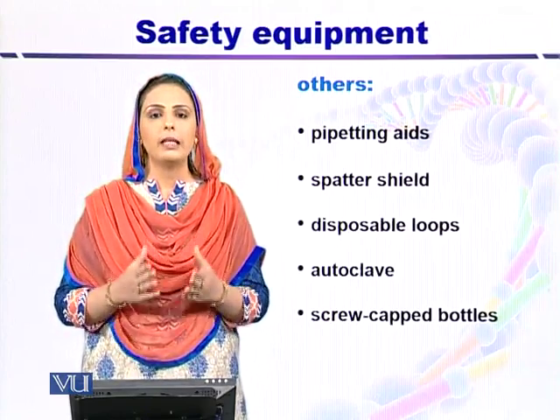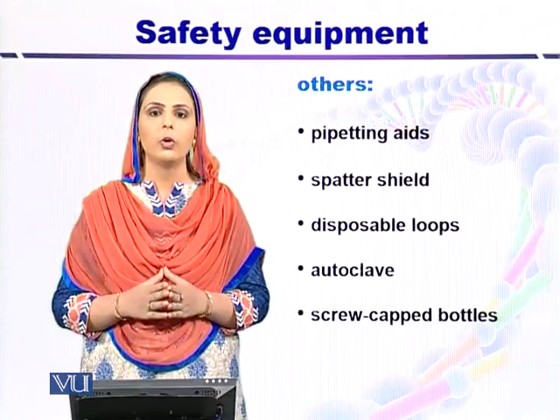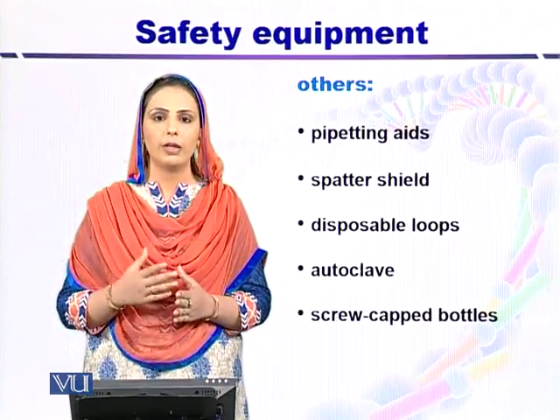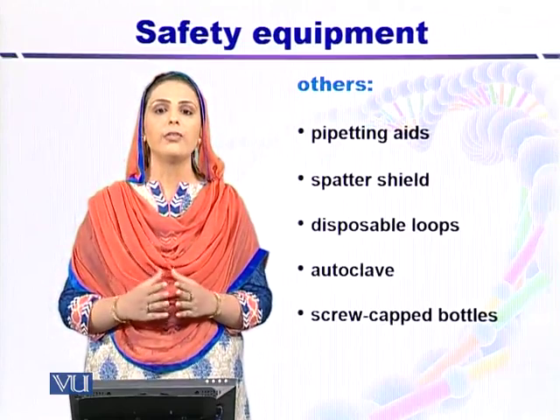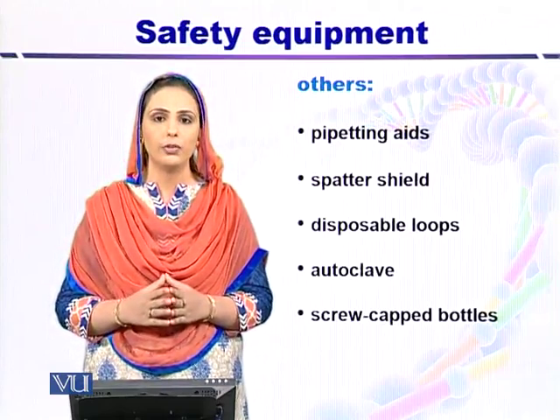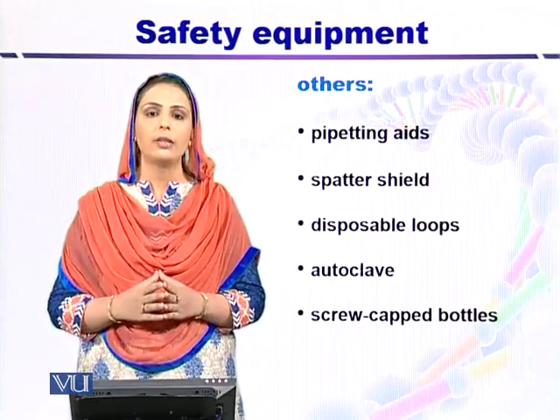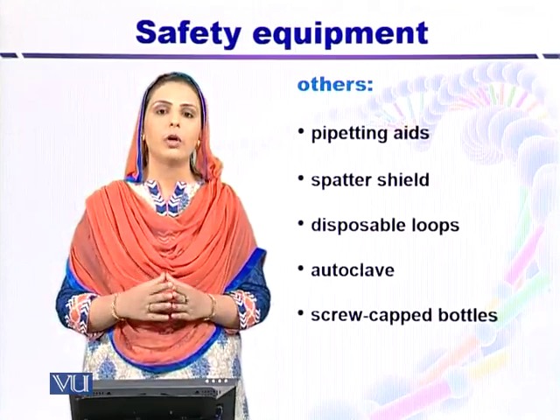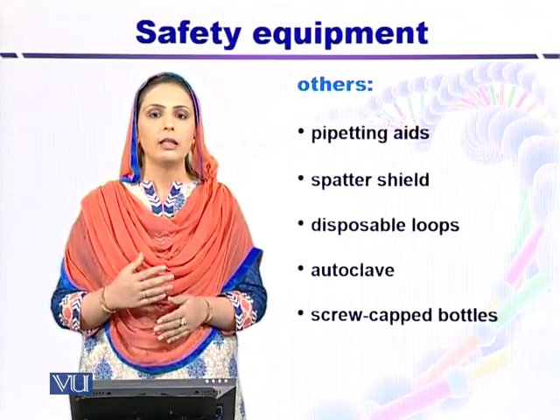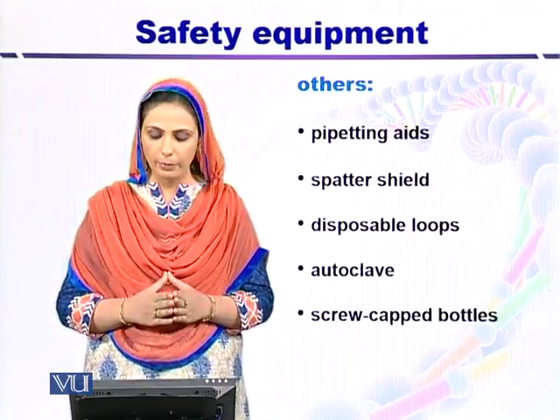Then it is better to use screw cap bottles in order to prevent the formation of aerosols into the environment. In the centrifuge machine, we also make use of screw cap bottles, so that whenever we want to centrifuge or shake the bottles, the aerosols don't go into the environment.